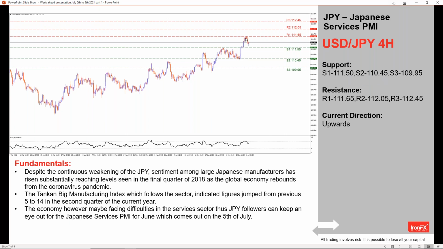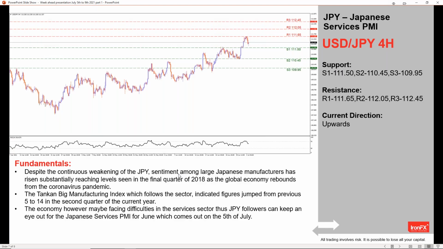Now if the currency pair continues to go upwards and the R1 is breached, the next level higher is the R2 112.05, and even higher the 112.45. But in the scenario of an extended selling run, then we could see the S3 also coming into play, which is 109.95. So the current direction is upwards for this currency pair.